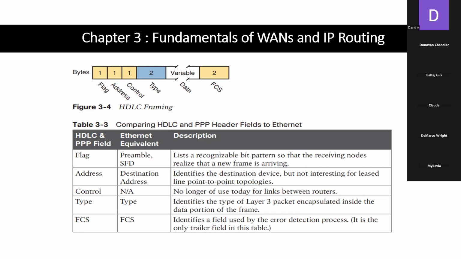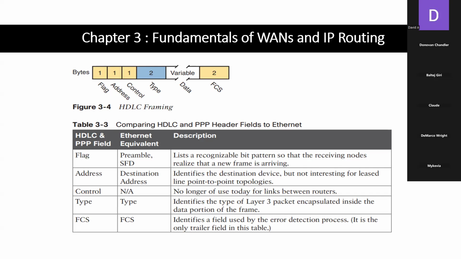So instead of using general layer two headers and trailers, and this is just for the exam, this is not everywhere, so please take note of that, typically the routers would use two data link protocols to transfer data on wide area network lease lines. One is HDLC, high level data link control, that's one protocol at the data link layer, or point to point protocol, so PPP.